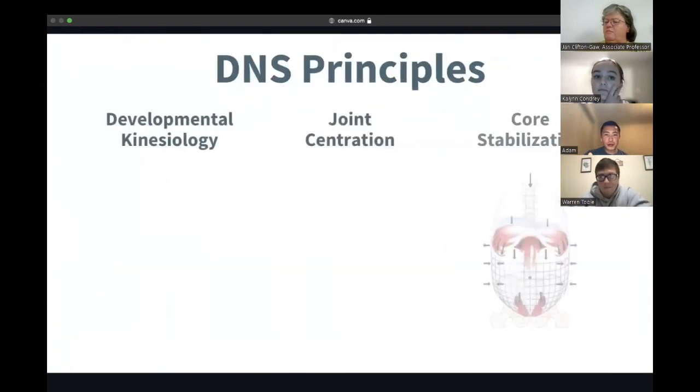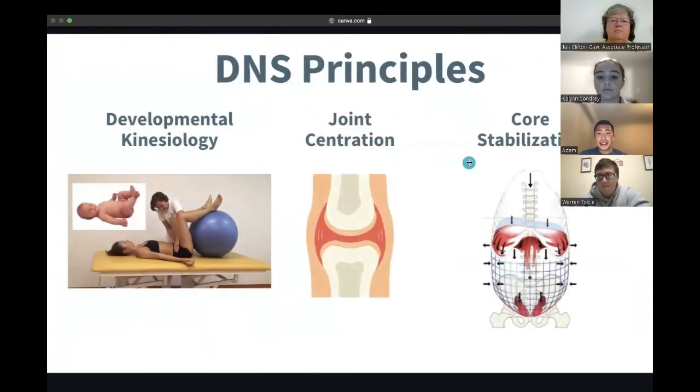So DNS largely has three different principles. The first one is developmental kinesiology. If you see the picture on the left, the baby is at the 3 months position.